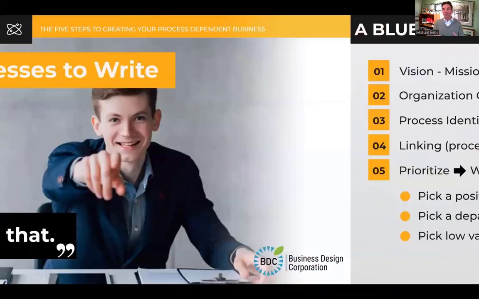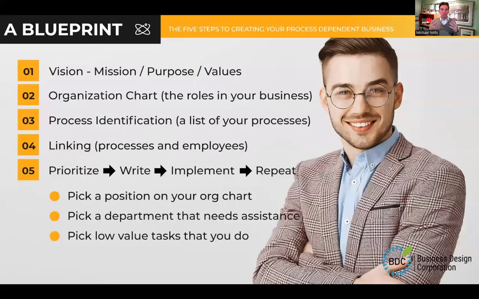So what we teach you is how to prioritize the writing of processes. When you look at that table of contents for getting, guiding, running, and doing, when you look at that list of processes that you identified in step 3, what you're going to find is that some processes are really important, and some aren't very important.